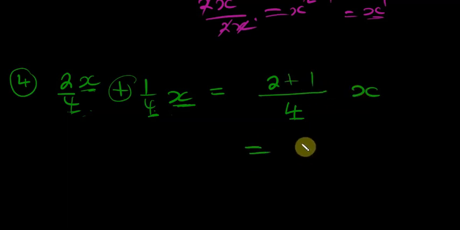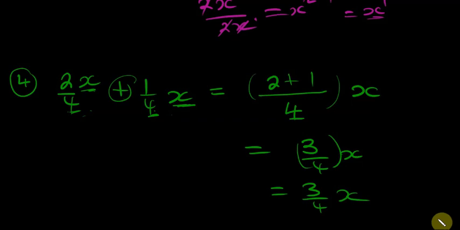So that becomes 2 plus 1, that is 3 over 4x.